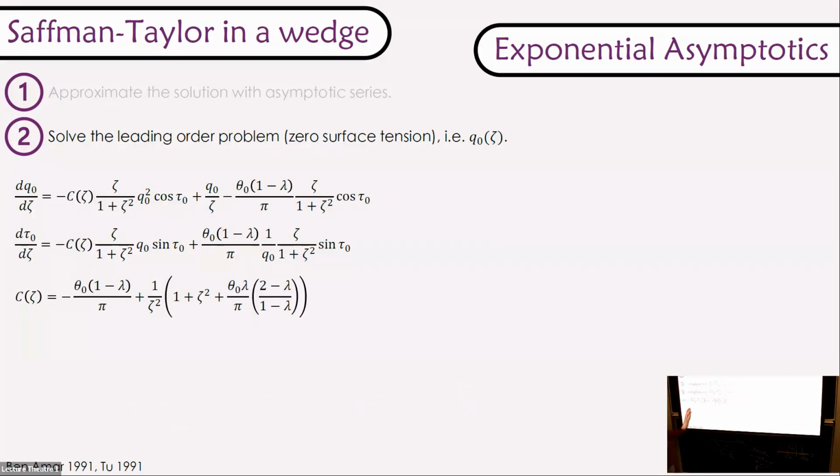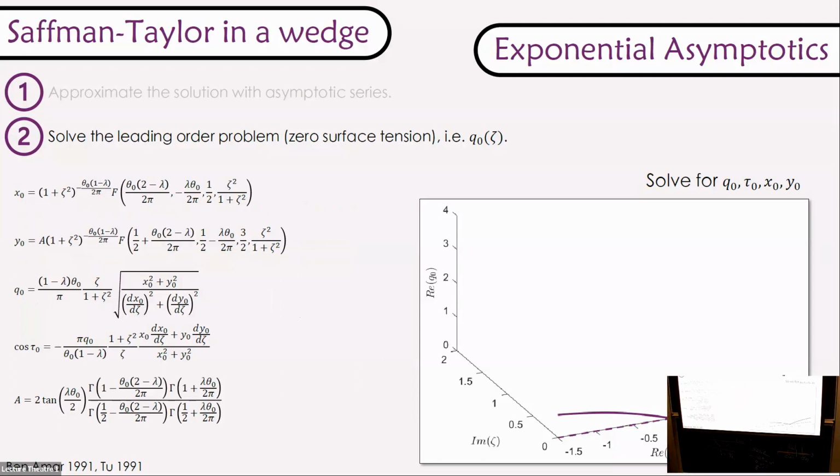I'm not going to claim any of this as my work. This is thanks to these two people that we've got this nice form, which is somewhat surprising to me that it turns out so nicely, but it makes our life a bit easier in this step. So we've got these two equations, and even more remarkably, we can actually write explicit solutions involving some hypergeometric functions.